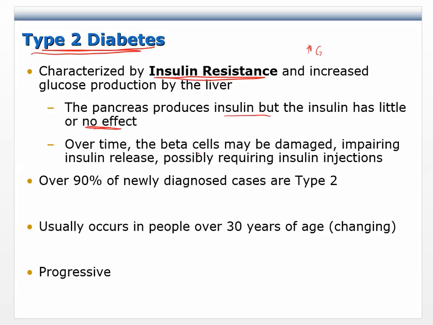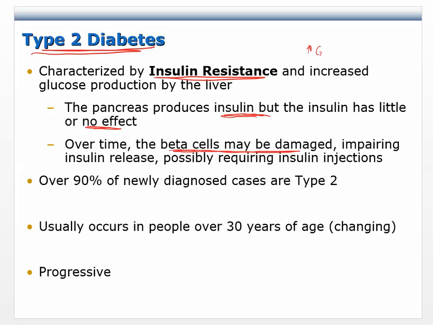Okay. Now, over time, and this is usually the way it begins, you can take medications that will help mobilize, or will do some of the things that insulin does. So you can do that in the beginning, and the medications will sometimes increase the amount of insulin, but eventually your beta cells also may become damaged in type 2.